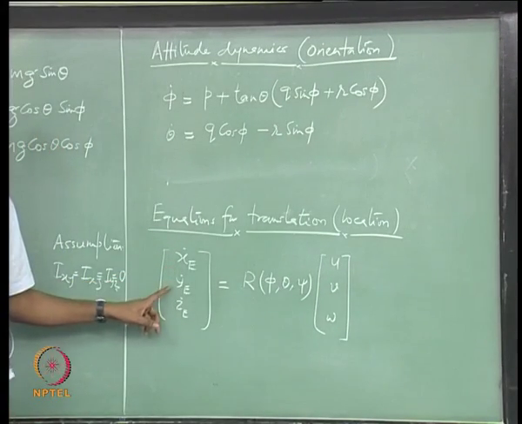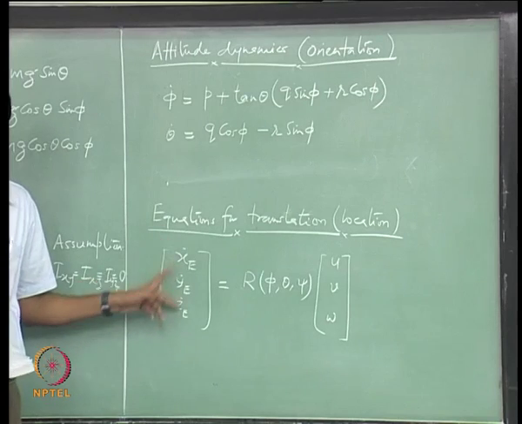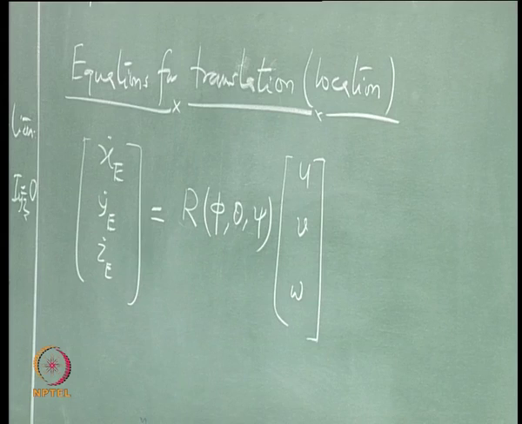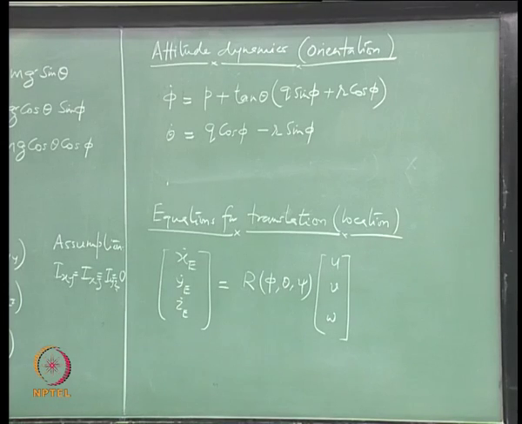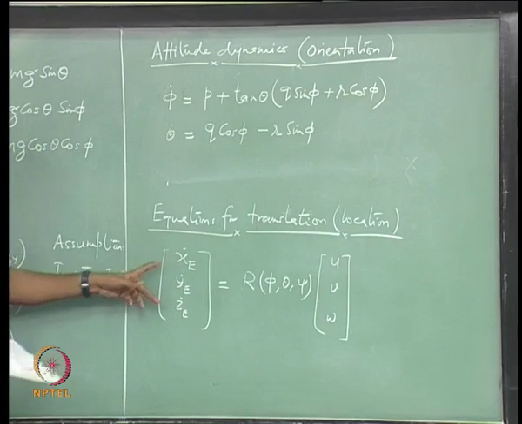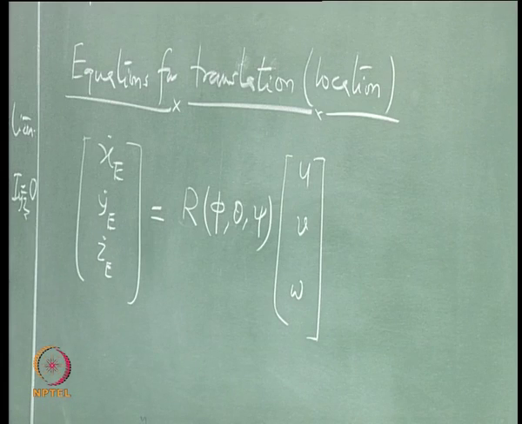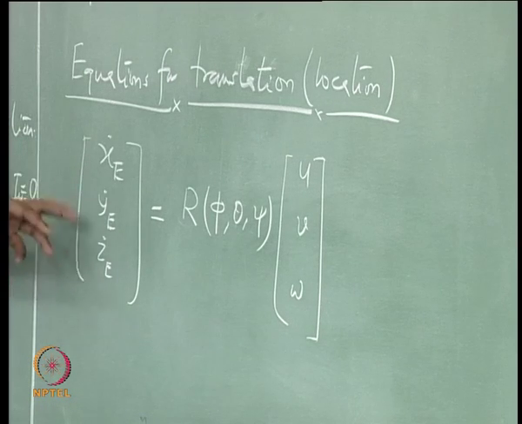X, E, Y, E, Z, E, do you see them appearing anywhere? These are only telling you the location of the aircraft, right. You do not see them appearing anywhere, they are not influencing the dynamics of the aircraft, right.